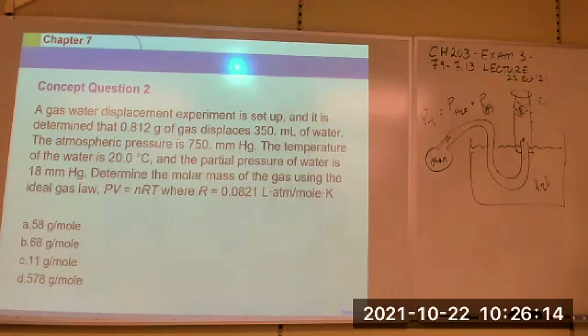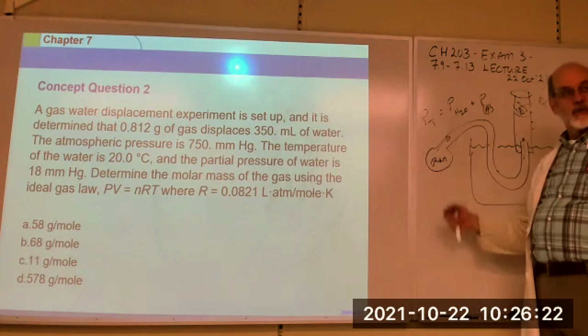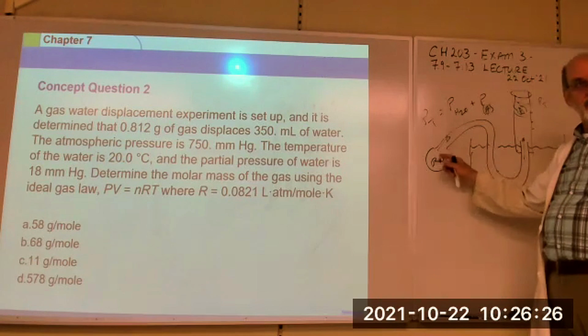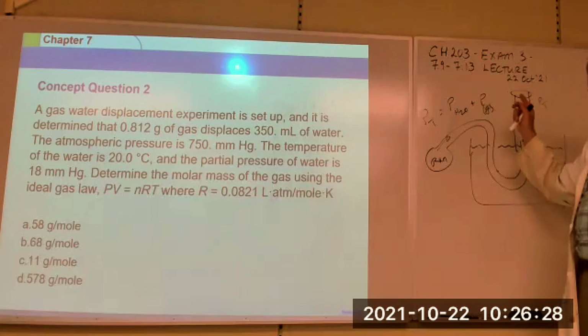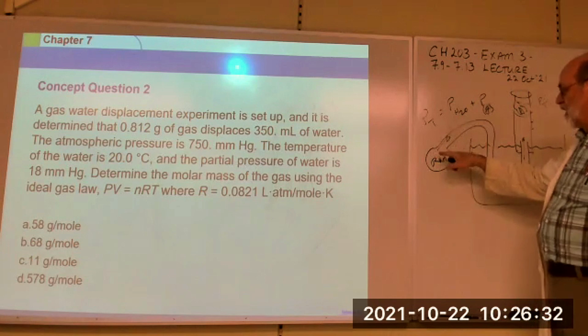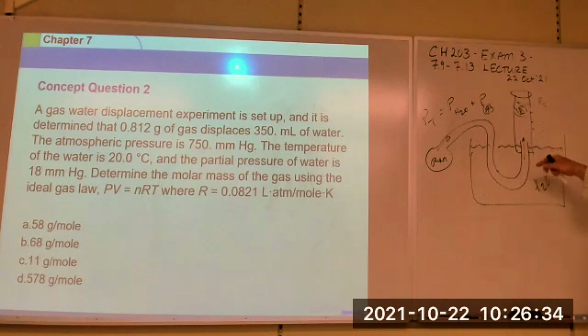So how do we know the mass of the gas? Can we weigh this thing? It might be easier to weigh it before and after, and the loss of mass is the gas. So by difference, we know the gas's mass, and by our calculations, we know its number of moles.